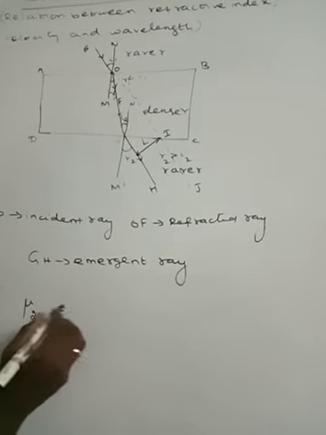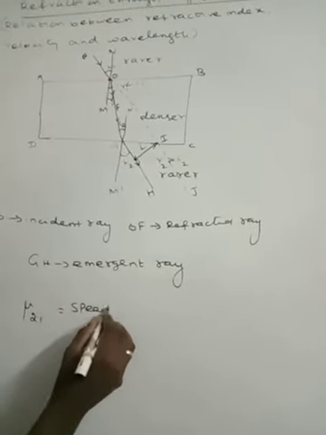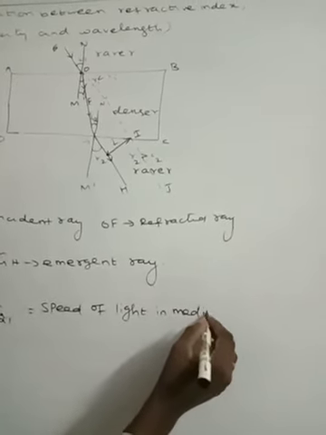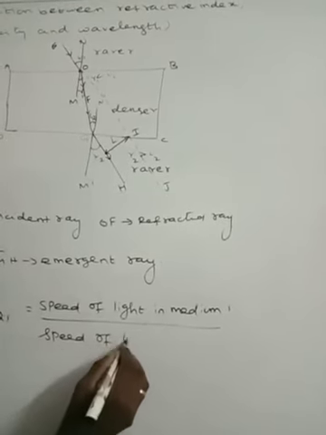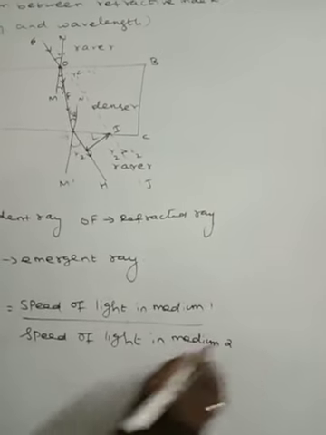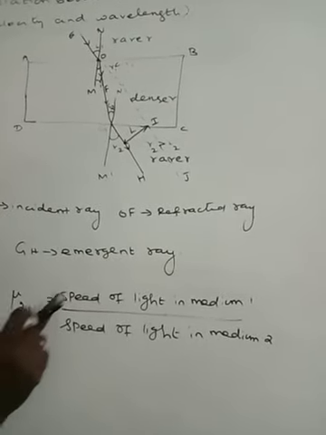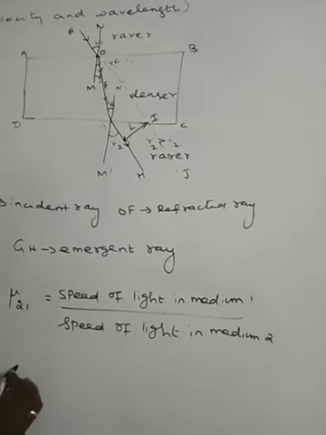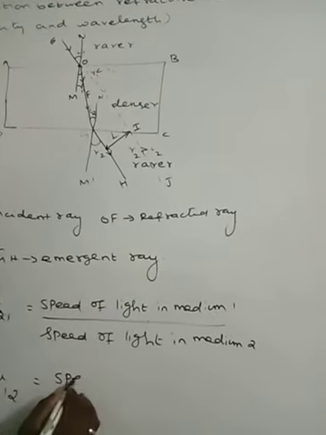n21 is equal to speed of light in medium 1 divided by speed of light in medium 2.